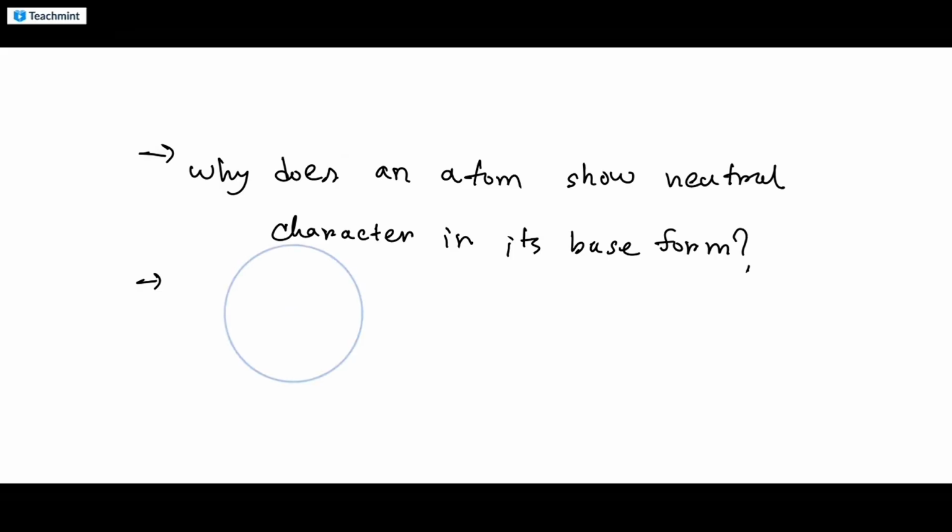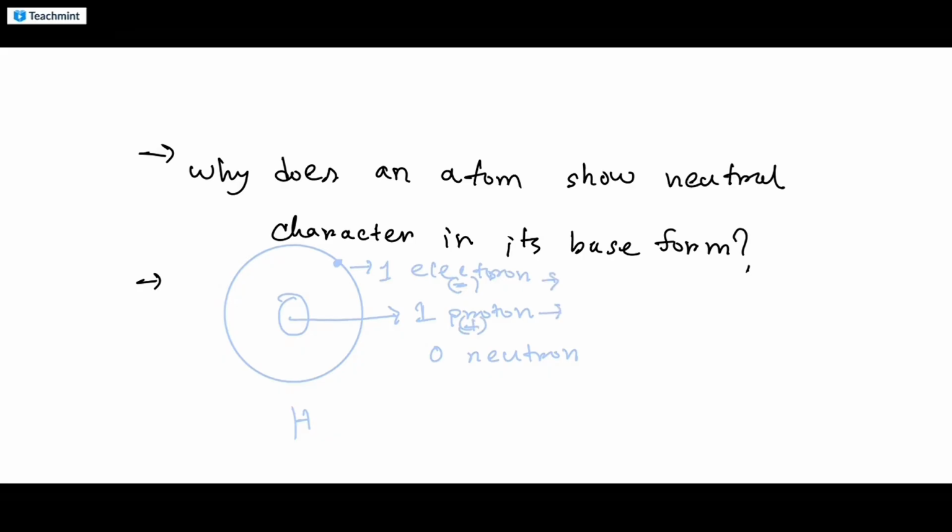If this is H for hydrogen, and this is the nucleus of hydrogen, inside this nucleus, hydrogen has one proton and 0 neutron. And in the outer shell, there is one electron. We know electron has negative charge, proton has positive charge, and neutron doesn't have any charge.